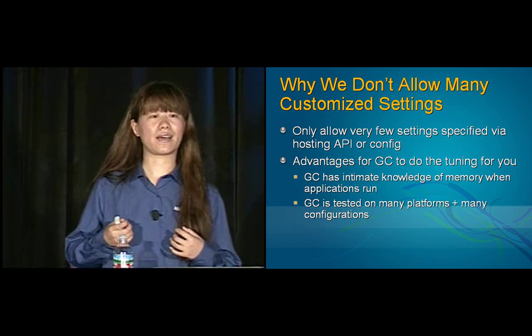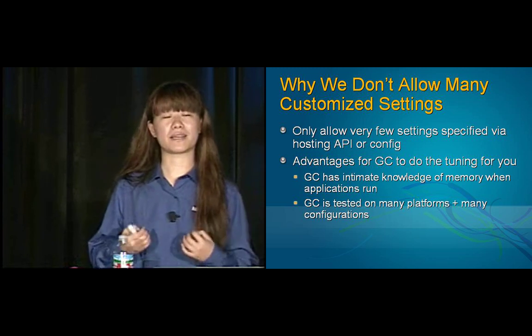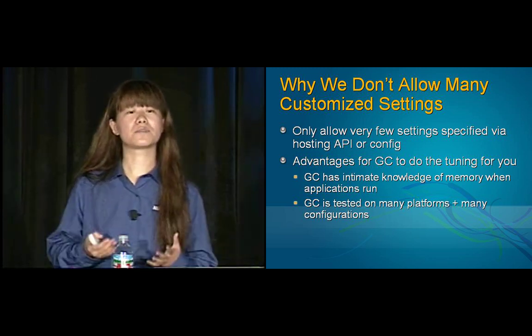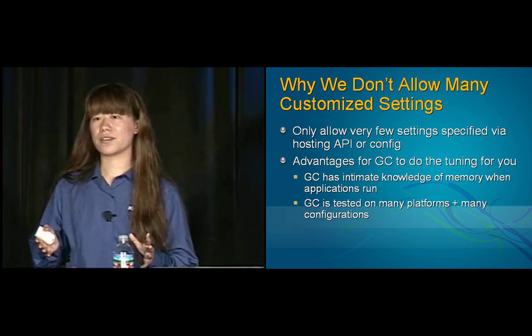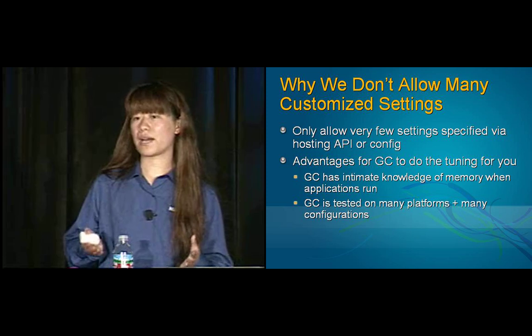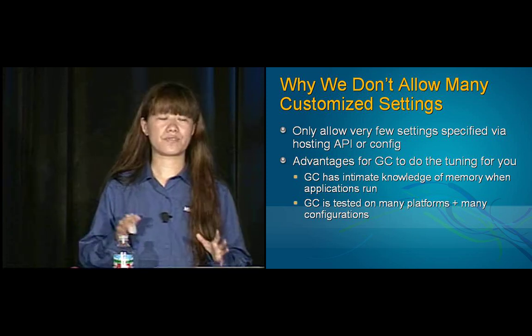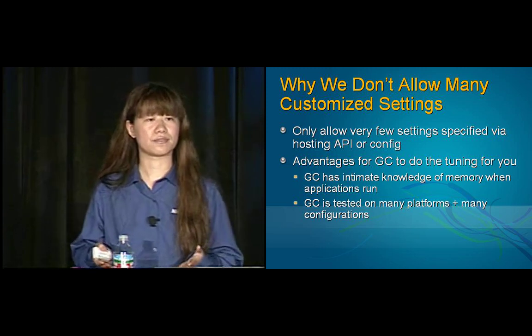Internally, GC actually has a ton of tuning knobs, but since we believe that GC is best at tuning those, we don't actually expose most of them to you. Another advantage of GC doing this is that since our GC is tested on many platforms with many different memory configurations, it saves you from doing that work yourself.